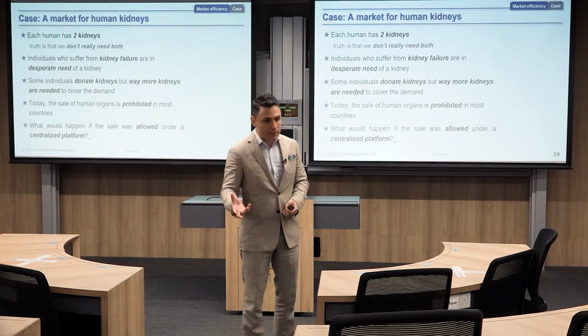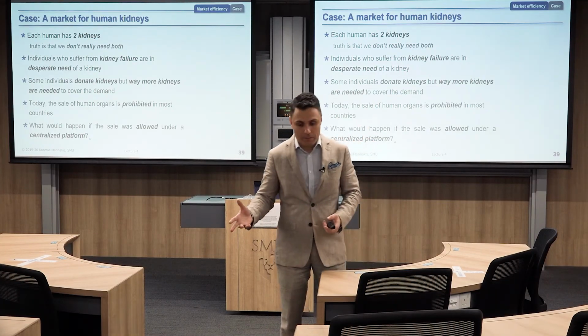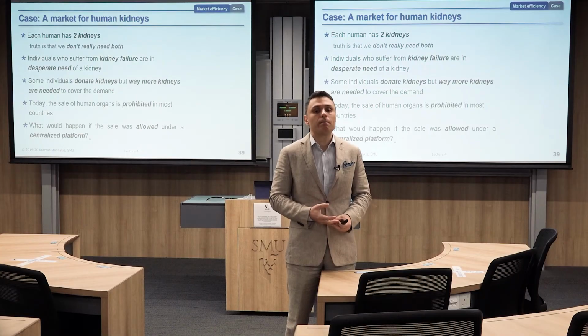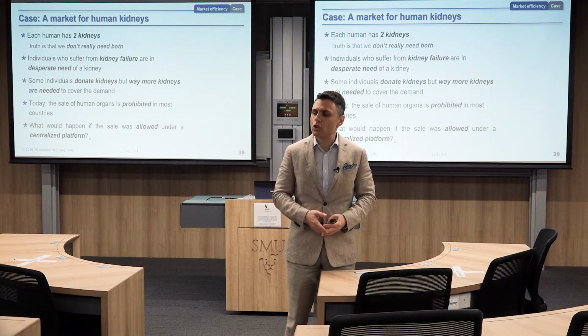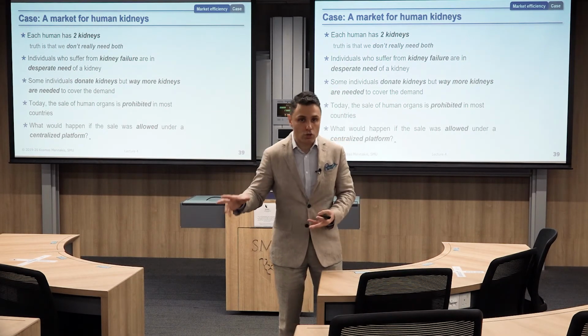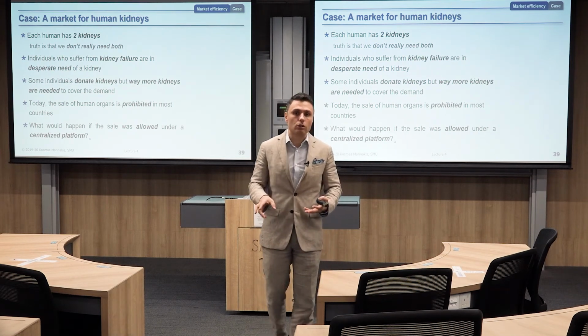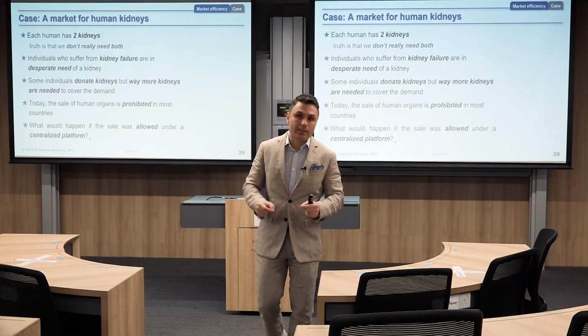So before we continue, I want to tell you that we are not talking about a direct market here. We are not talking about a situation like, hey, very nice kidneys you have there, how much would you sell me one? We are talking about a situation where there exists a centralized platform.